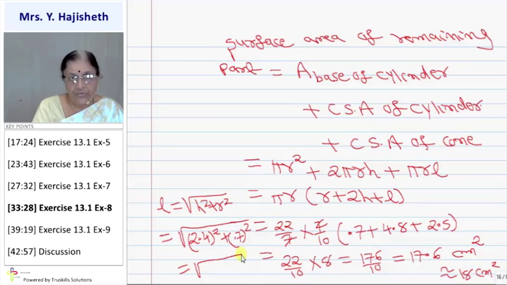It is under root 6.25 and 6.25 का स्क्वायर रूट है.